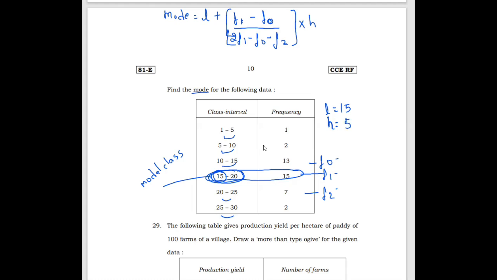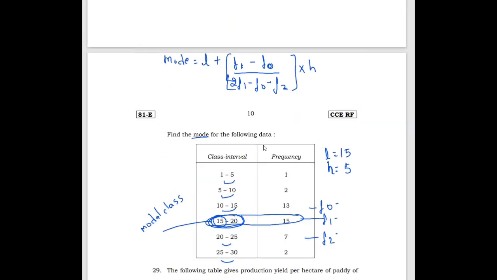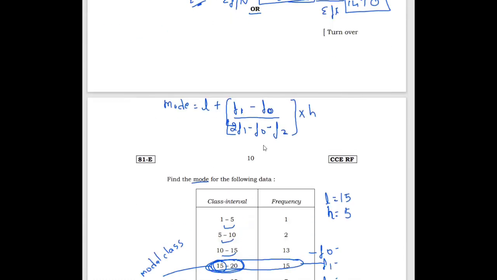H, you can take it as height. Remember, it is not actually height, I'm just telling you to remember it. Now let's put everything we have into the formula. Mode is equal to L, which is 15, plus bracket open, F1 minus F0, that is 15 minus 13, divided by twice F1.